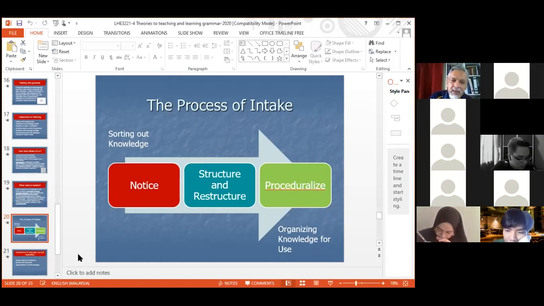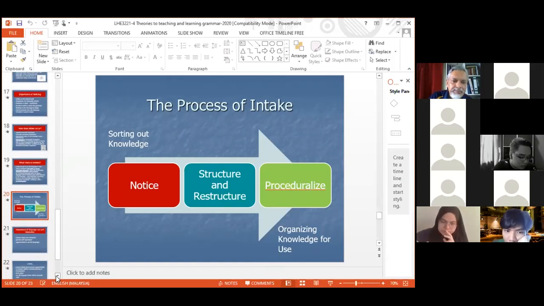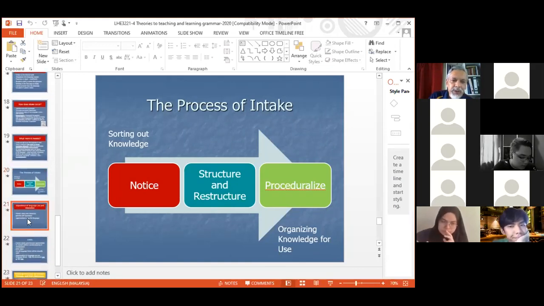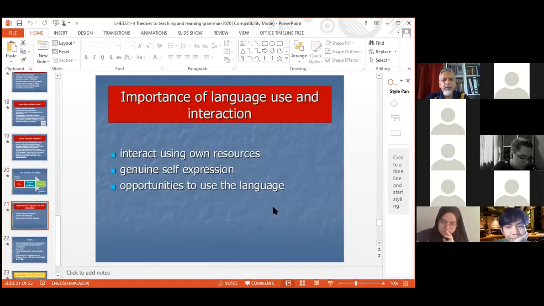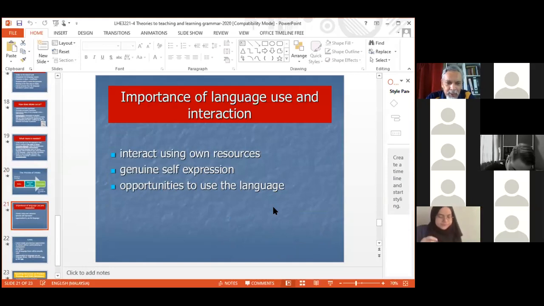Okay, a few more slides. If possible, we need to get our students to interact using their own resources. You can, for example, get your students to do a drill or even take part in a conversation using words and phrases that we give them.